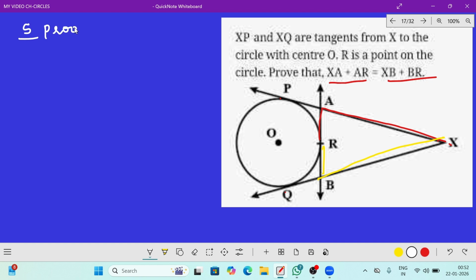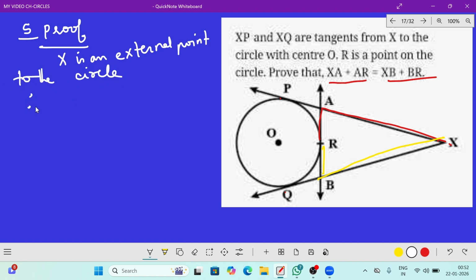Okay, the proof says we know that X is an external point to the circle. Therefore, XA is equal to XB because the tangents drawn from an external point are equal. Tangents are XP and XQ. So therefore XA is equal to XB.